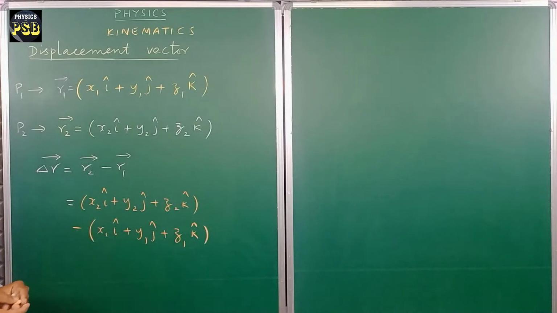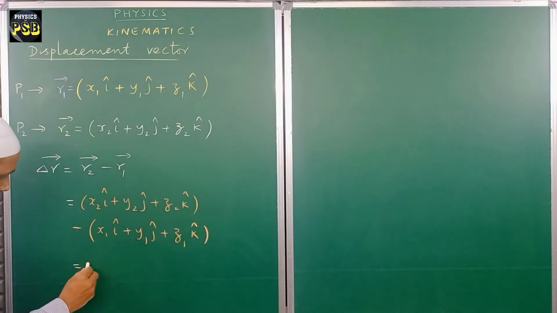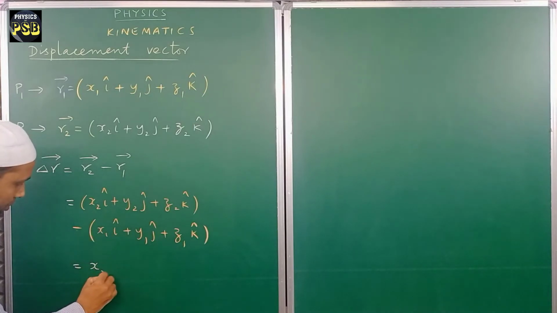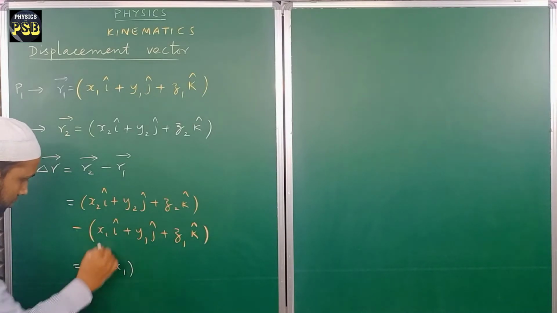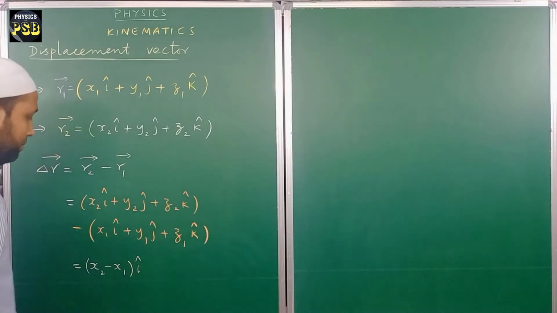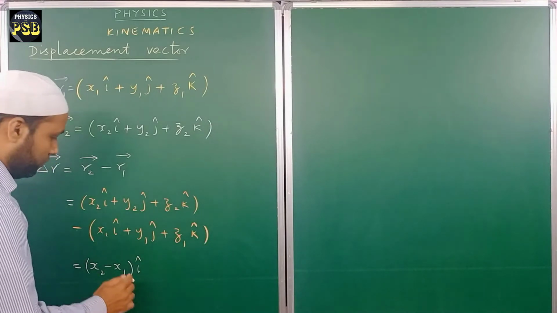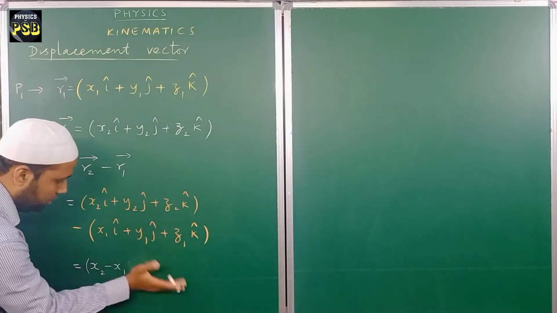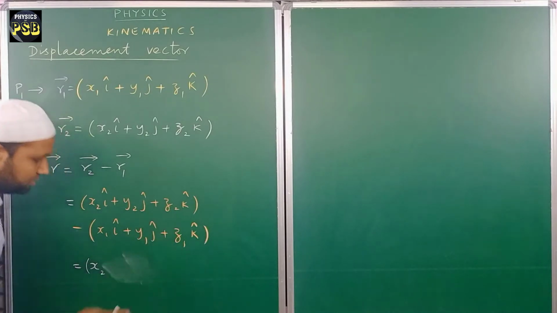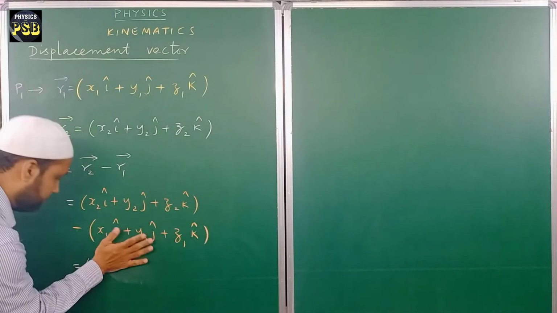I take such terms and write them separately. Now I am going to simplify this equation. See, x2 minus x1, i cap. If you want, let's add one more step so that it becomes easy for you to understand.